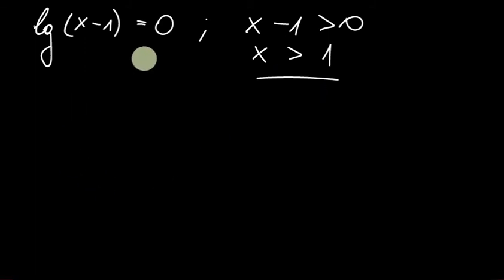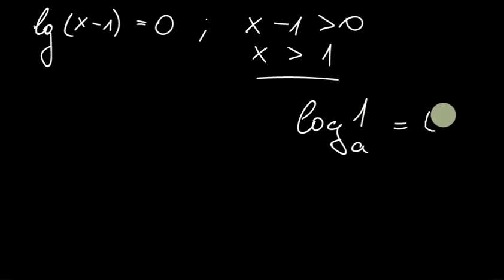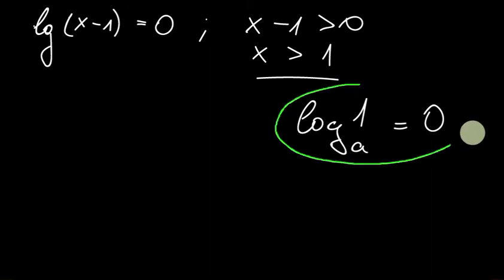Now if any logarithm is equal to 0, then the inside of the logarithm is equal to 1. So any logarithm of any base of 1 is equal to 0. This is also an important property of a logarithm.